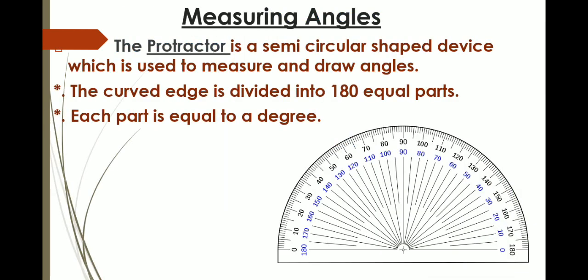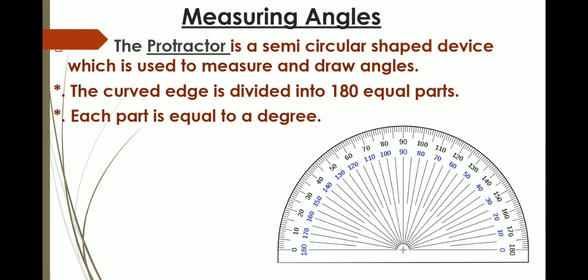Measuring angles. The protractor is a semicircular shaped device which is used to measure and draw angles. The curved edge is divided into 180 equal parts. Each part is equal to a degree.